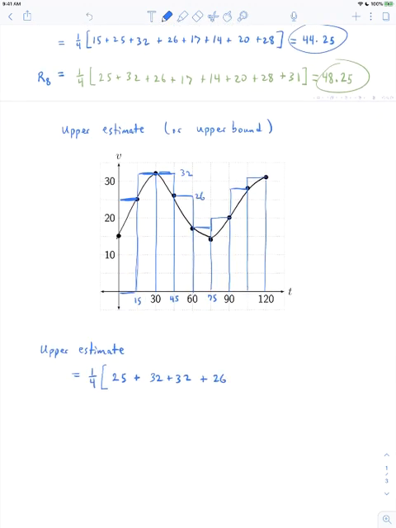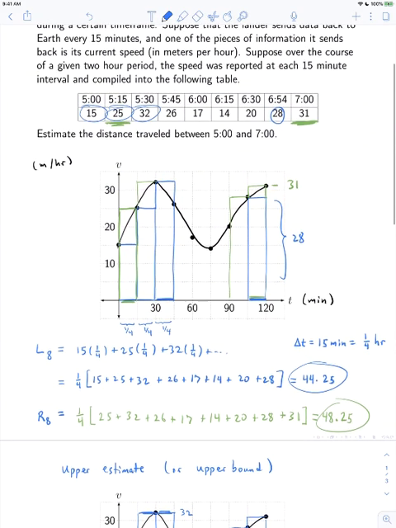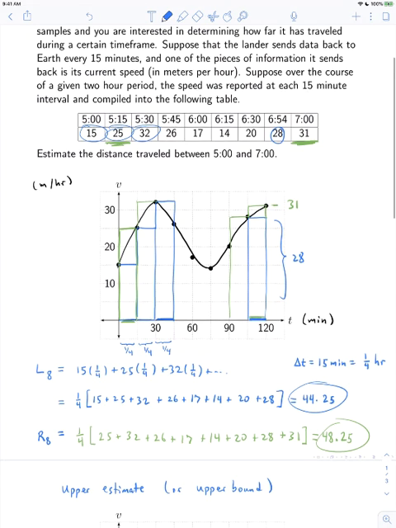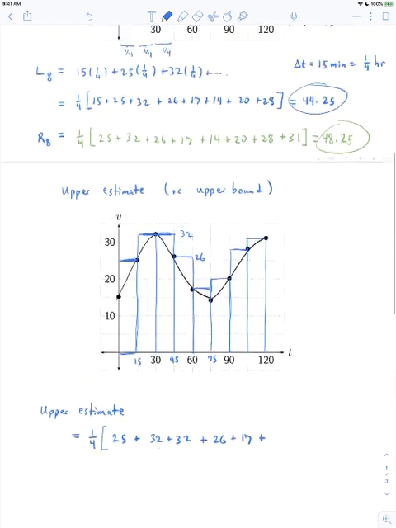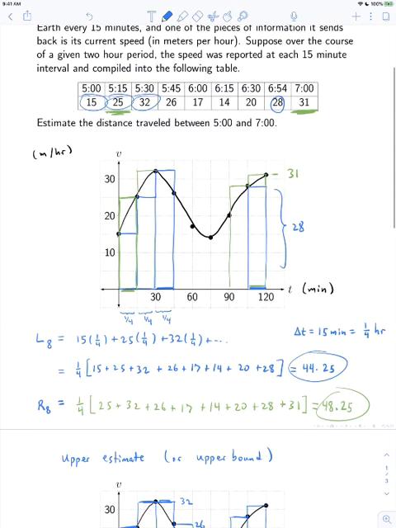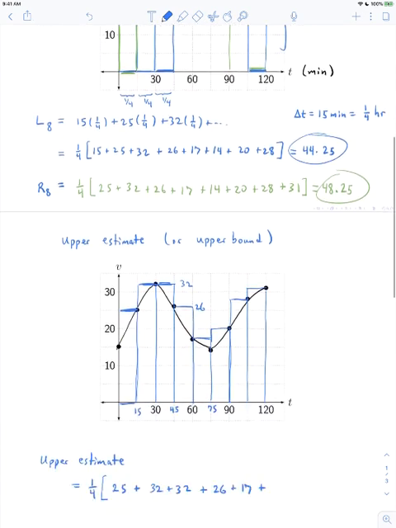That's this one. And then the next one is going to be at 60, and the 60 is 17. And then the next one is at 90 minutes after. So at 90 minutes, that's an hour and a half, so we're at 6:30, that's going to be 20.